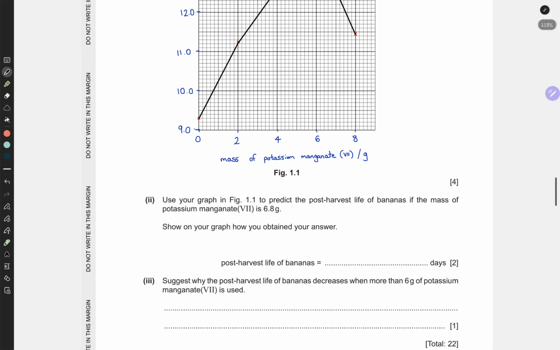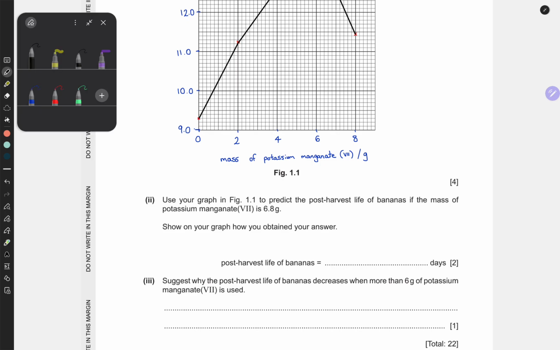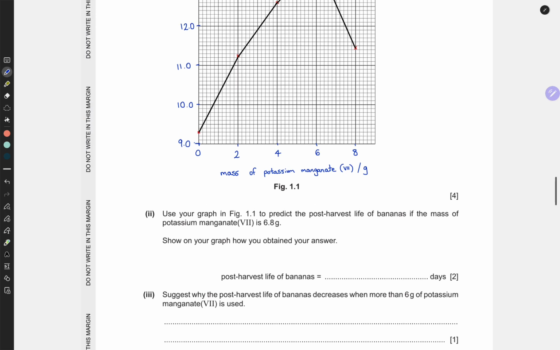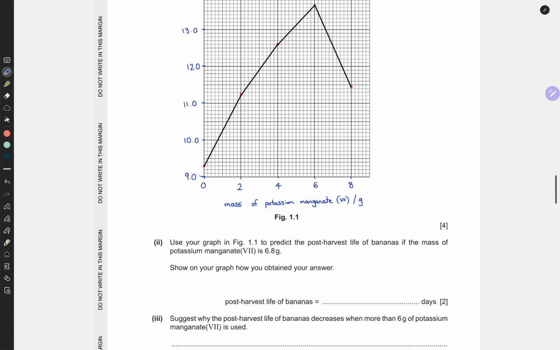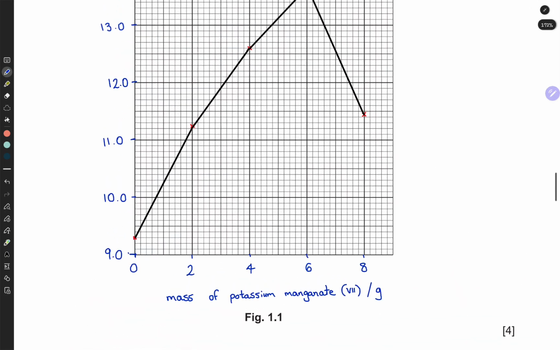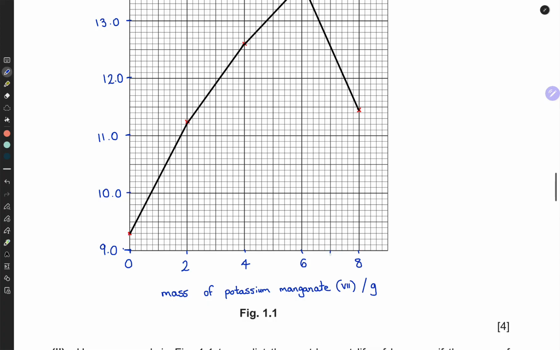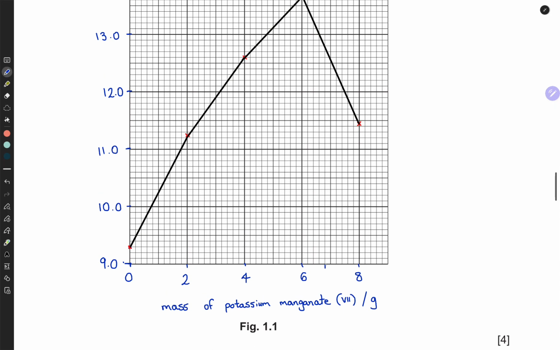Use your graph in figure 1.1 to predict the post-harvest life of bananas if the mass of potassium manganate 7 is 6.8 grams. So to find 6.8, this is 7 and 6.8 is right here. Then you will extend the line upwards and it's a dotted line. Then to the left.